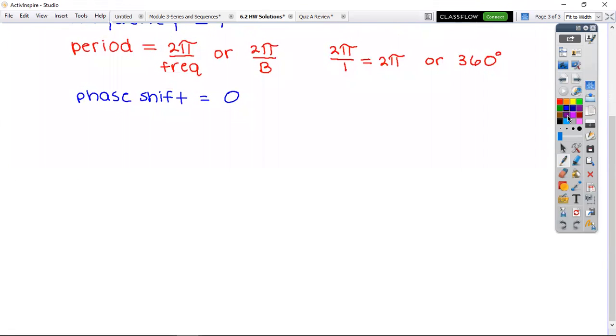So here's another one. Number 2, and then here is all your given information. I'm going to say given, I'd number these, that would be helpful. So given, let's say f of theta equal to 0.5 sine of theta minus pi over 3.